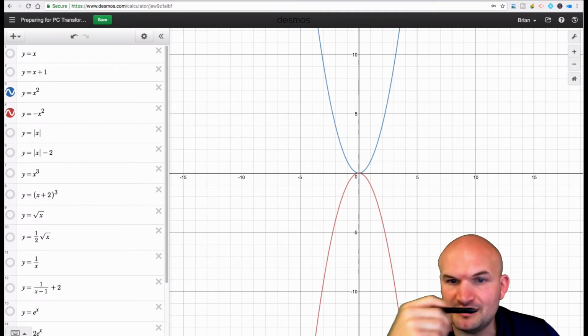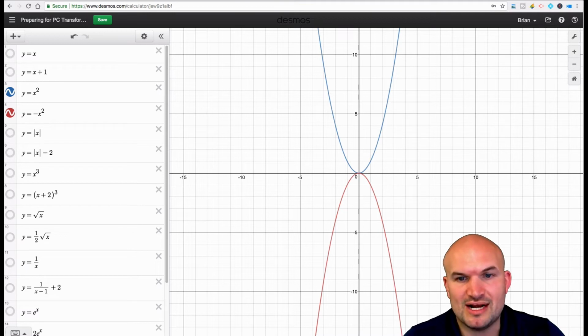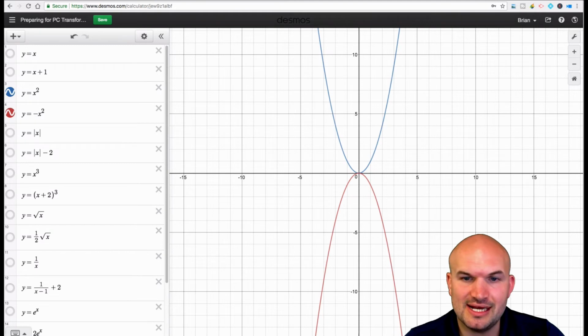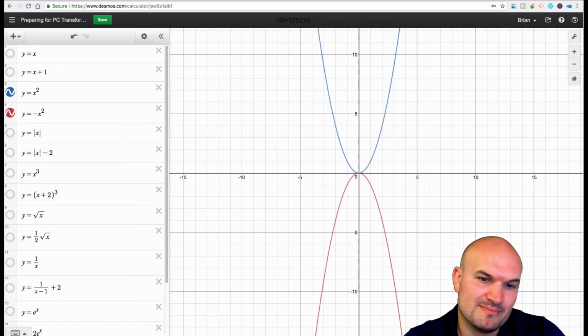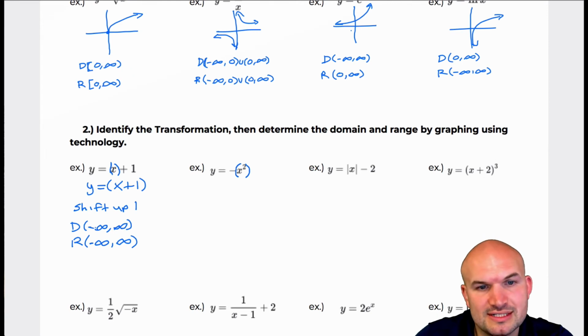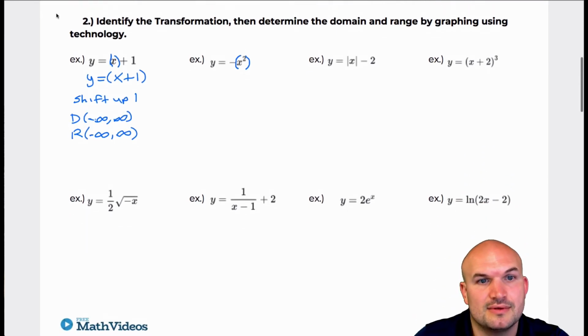Now that happened, a couple of things. My domain has remained unchanged. The red graph is still expanding left to right. However, my range is completely flipped. Instead of going from 0 to infinity, now it's going from negative infinity to 0. So we're going to say this is a reflection over the x-axis.